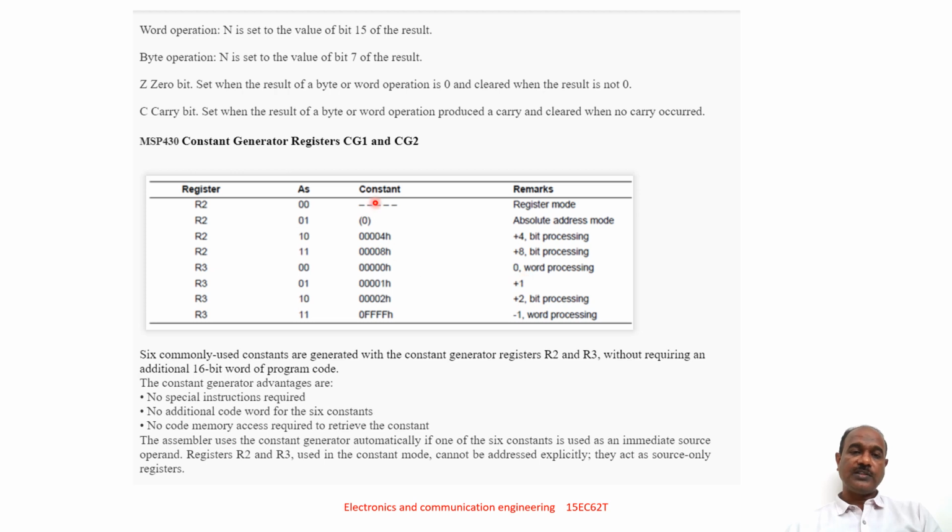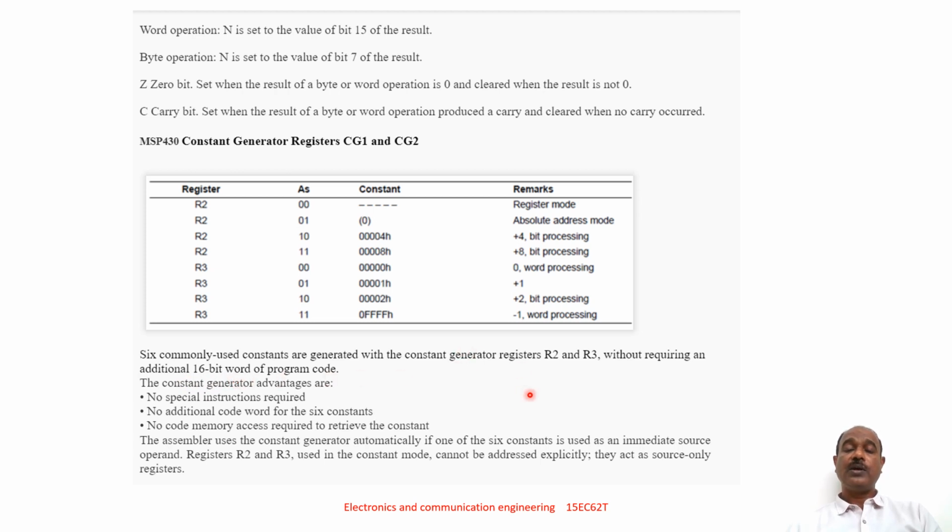Which are the constants generated by CG1 and CG2? 0, plus 1, minus 1, plus 2, plus 4, plus 8. These 6 commonly used constants are generated with the constant generator registers. R2 is CG1, R3 is CG2, without requiring an additional 16-bit word of program code.